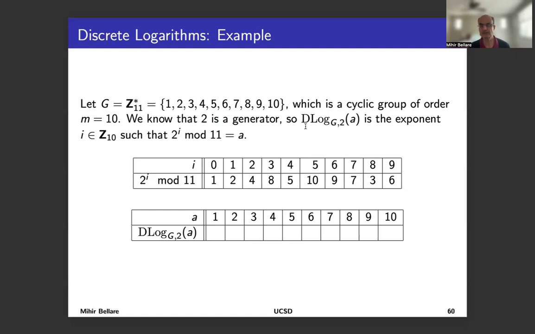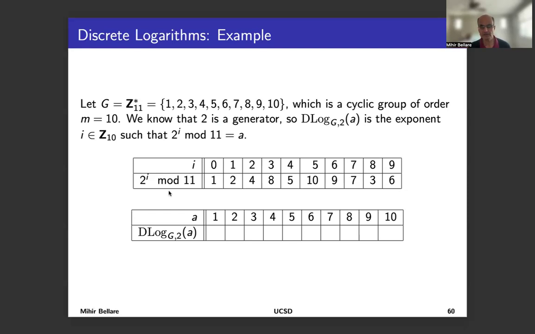Okay, so again, the discrete log of A says, to what power i do I need to raise 2 to get back A? Why 2? Because that's what's over here. Why 11? Because we're working in this group, which is Z star 11.